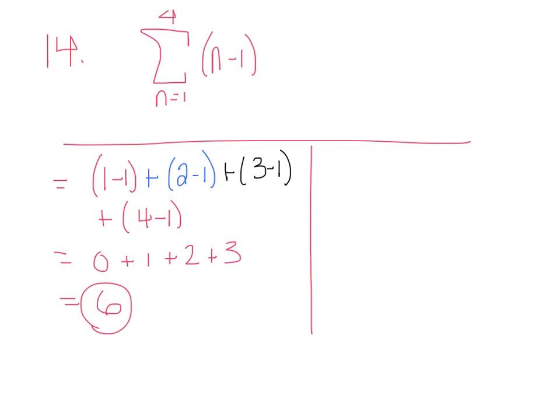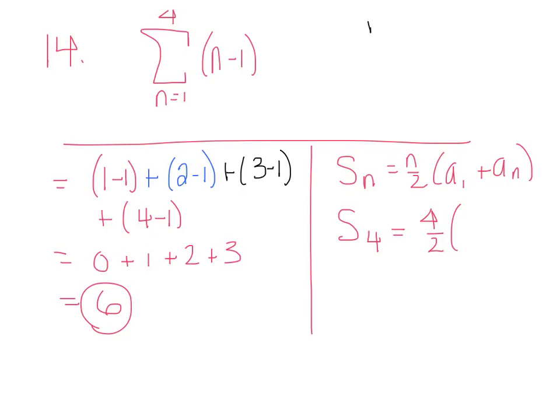Now let's say you had one where there are more terms and you didn't want to write them all out. And then I would have said Sn was equal to n over 2, the first term plus the last term times that. Okay, so if I have 4 terms, S4 is equal to 4 over 2. What is the first term? Well, I have to calculate. Let's pretend I didn't do this other thing.